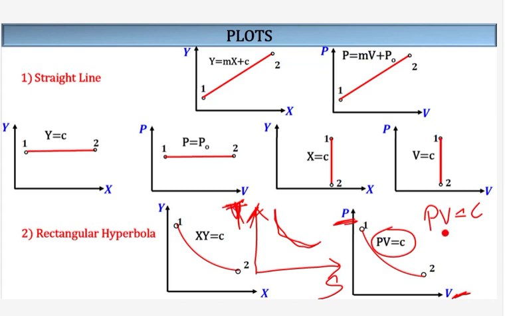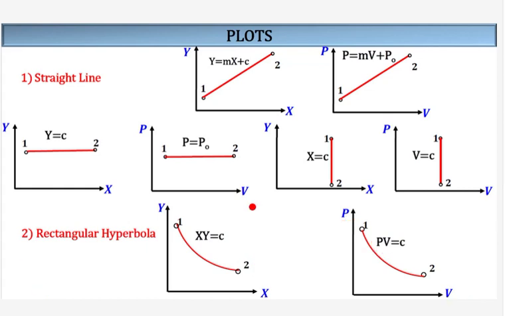So PV equals to C will not help. Actually, for ideal gas, it is T equals to constant. So PV equals to constant means T equals to constant, which means isothermal process. So in the TS plot, it will become a horizontal line.